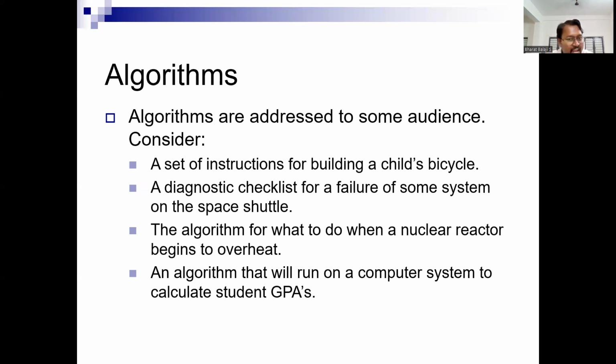Another example is a diagnostic checklist for a failure of some system on the space shuttle. We are going to list the different failures and problems that are encountered in the space shuttle.